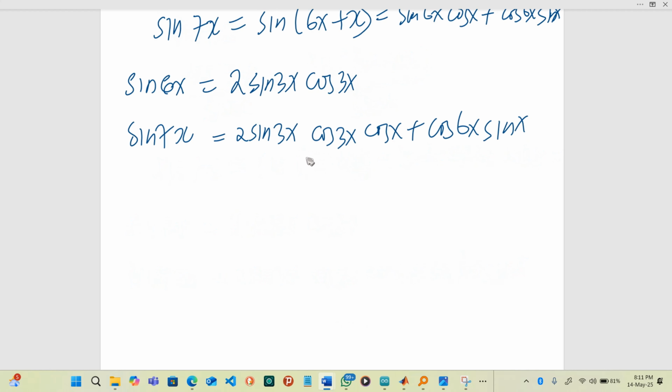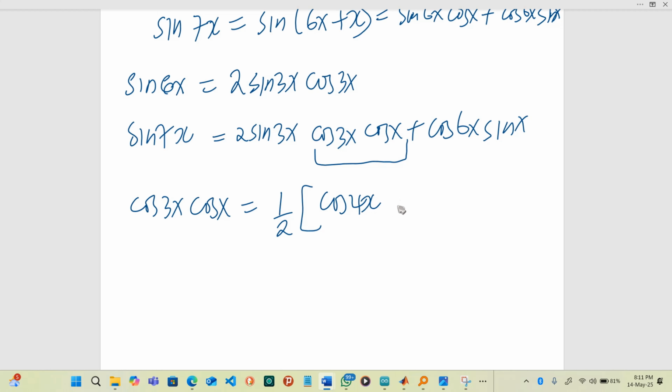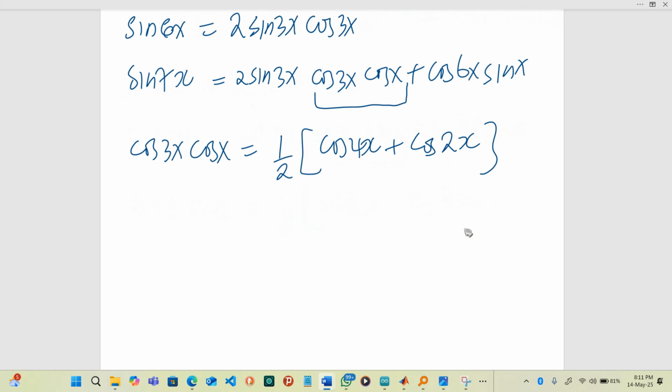So from here, we can first of all handle this, okay? Because we know that cos 3x cos x will equal a half into cos 4x plus cos 2x. For that matter, if we bring it up here, we also need to expand the sine 3x.